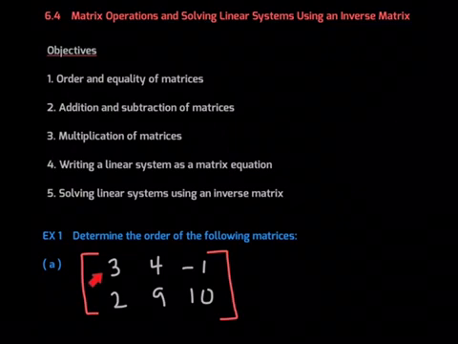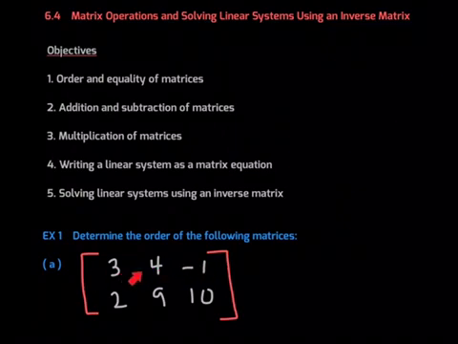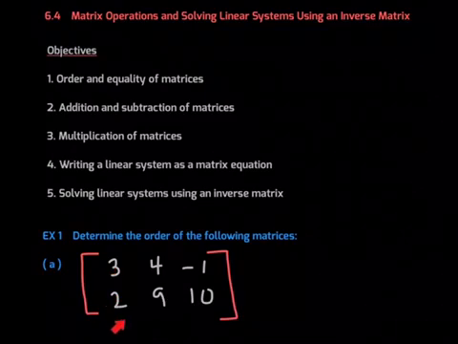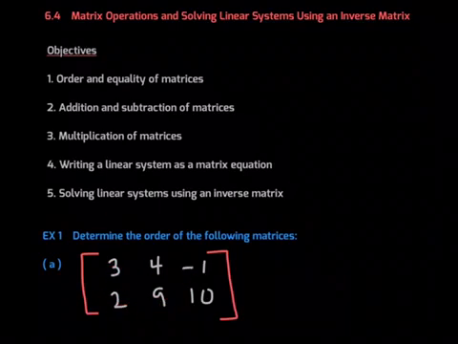So the rows run horizontally, so you have 2 rows, and the columns run vertically. So you have 1, 2, 3 columns. 2 rows by 3 columns, so therefore we would say the order of this matrix is 2 by 3. This is a 2 by 3 matrix.